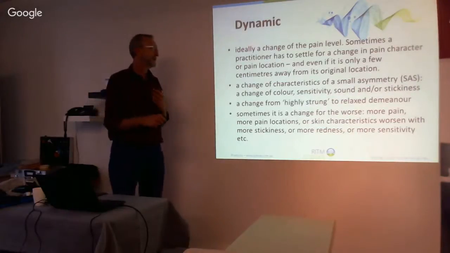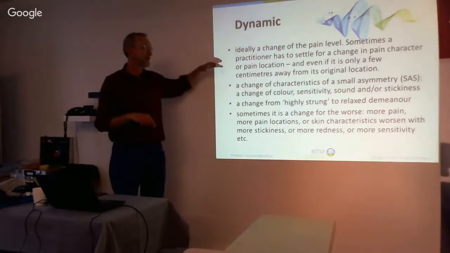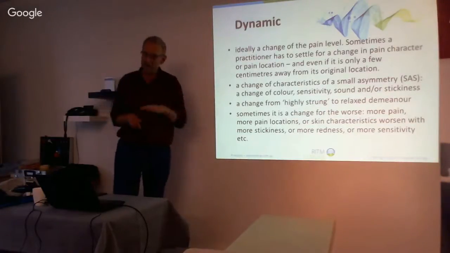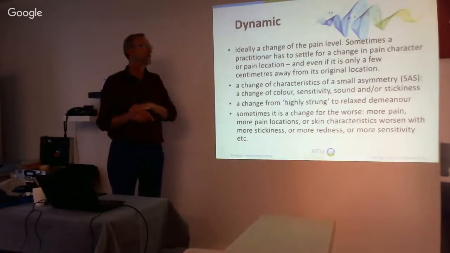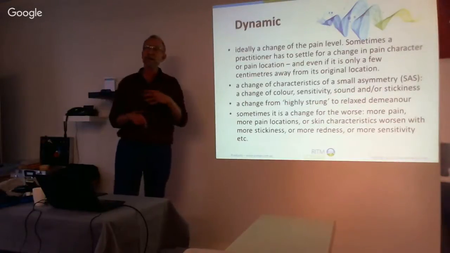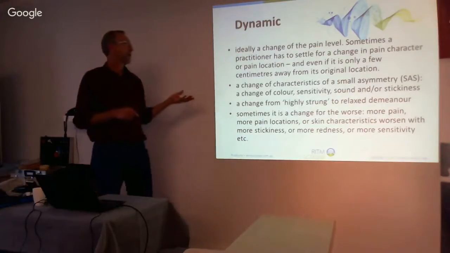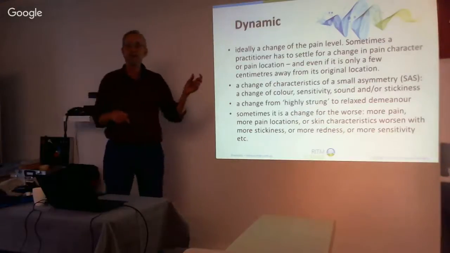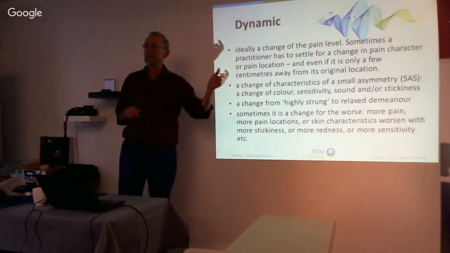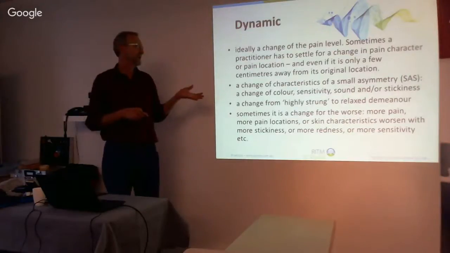So ideally, when we treat a patient there, we want to get down the pain levels there, but sometimes we have to settle for a little bit less. We might only achieve a change in pain character from a sharp pain to a dull ache, or the pain location, and even if it's just a few centimeters to one side or to the other side there, then we have actually achieved a dynamic.